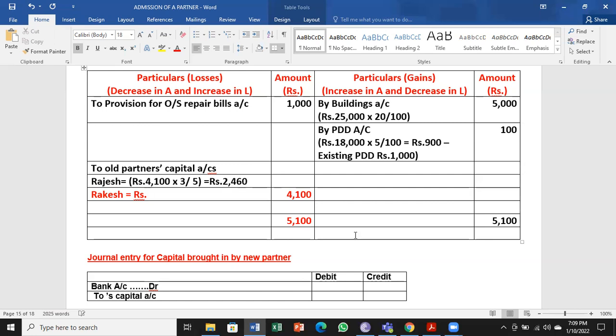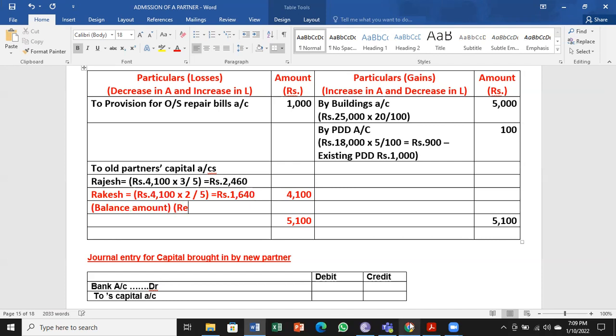Okay. Then for the other person, that is Rakesh, 4,100 into 2 by 5. It is 1,640. Good. So how did we get this? This is a balance amount.